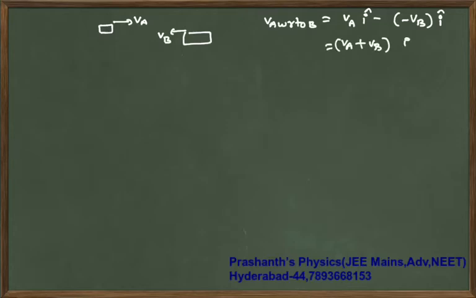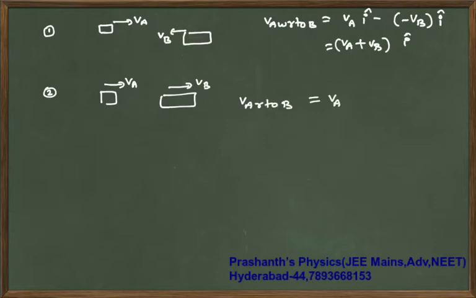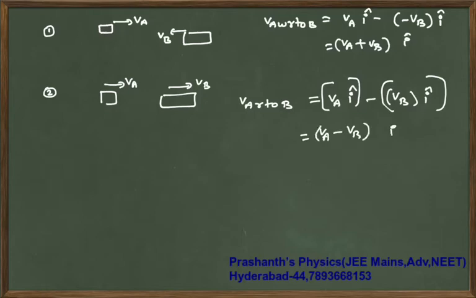So when bodies move in opposite directions, velocities tend to add up. When bodies move in the same direction, your velocities tend to subtract, VA i cap minus VB i cap, because both are towards the right. So it will become VA minus VB. So relative velocity is what I will take.